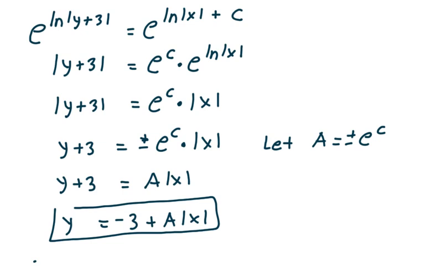Let's take a look at problem number 5. On problem number 5, we have x, y, dy, dx on the left side. On the right side, we have x squared plus 1. So I want to do one thing first, and that's divide both sides by x.